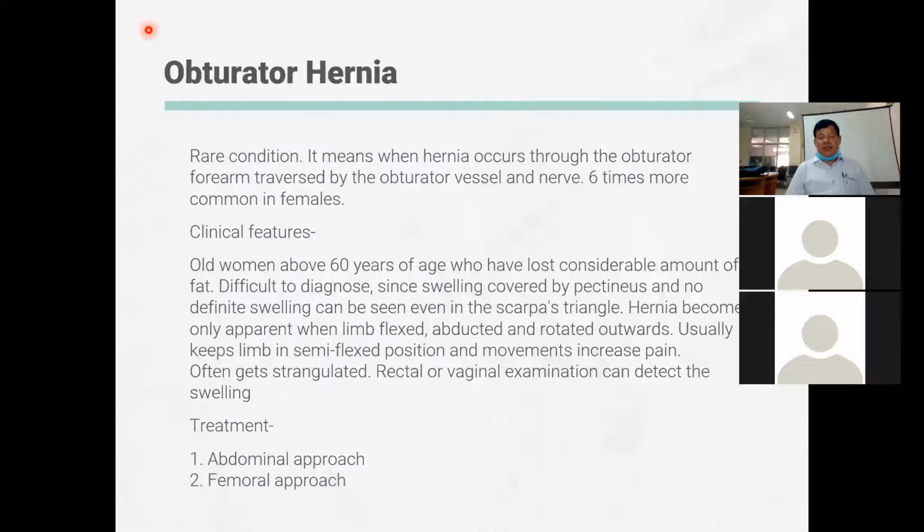So there is a chance of strangulation, and sometimes in the initial stage, whenever swelling is not visible, then if we go for per rectal examination or vaginal examination, a tender swelling can be palpated laterally, either by vaginal or rectal examination. Laterally, we can feel it.